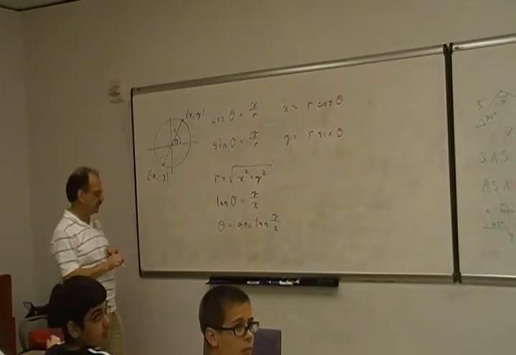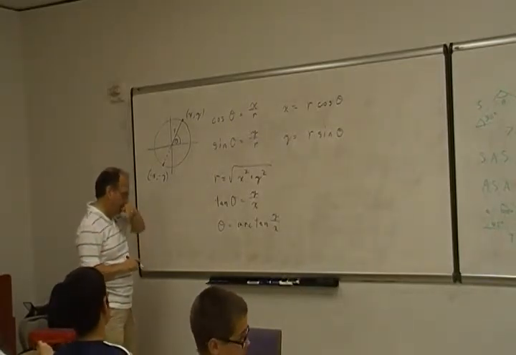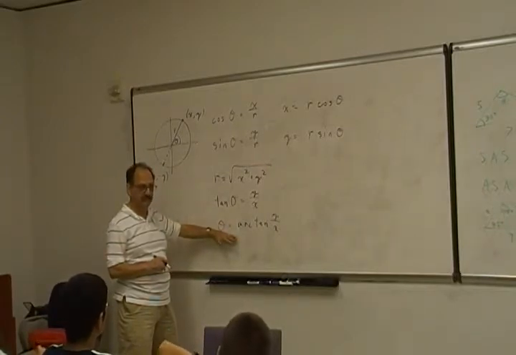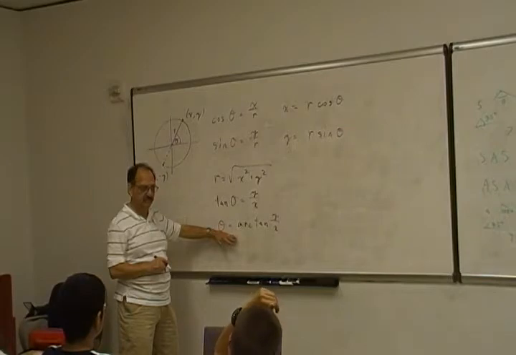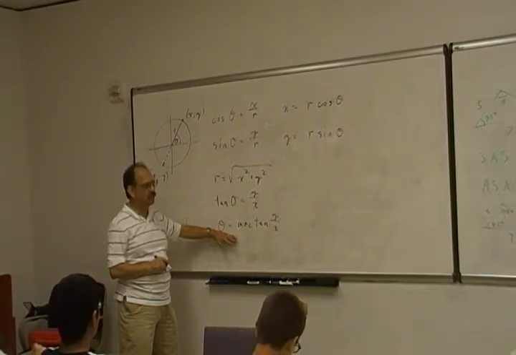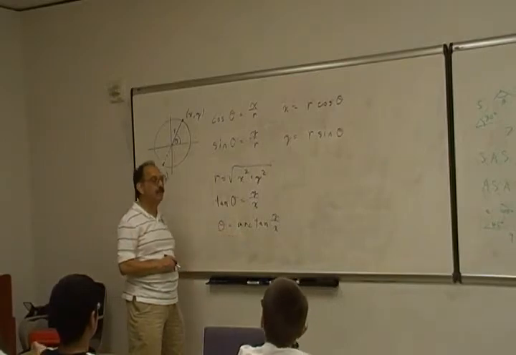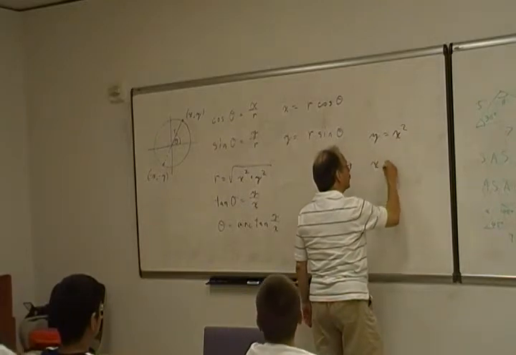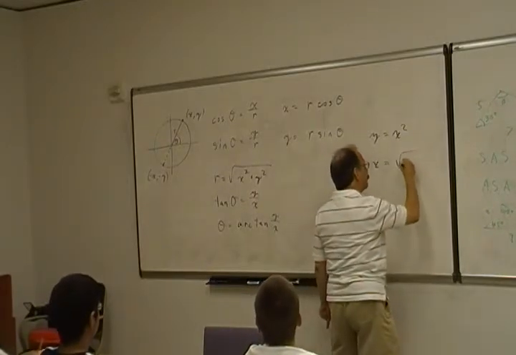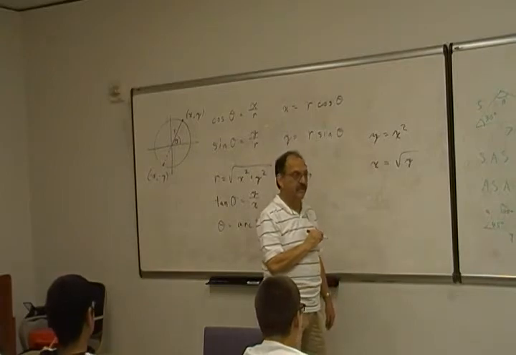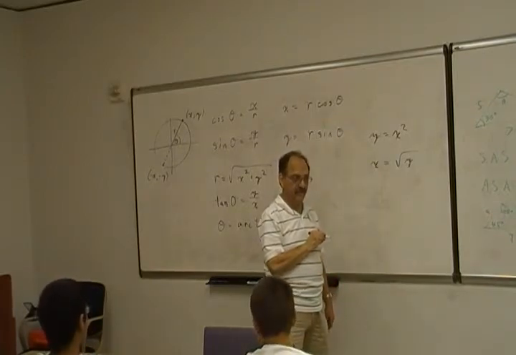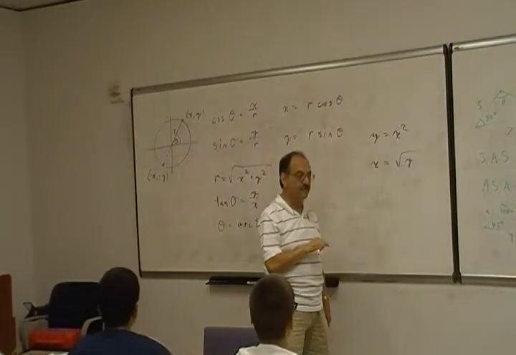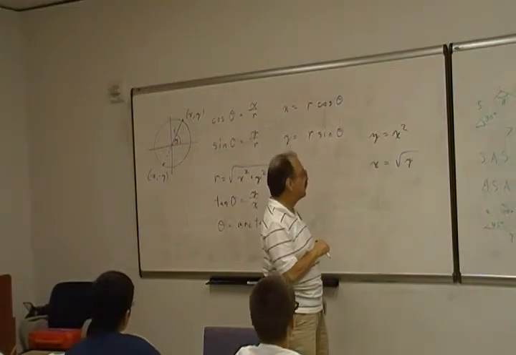Benjamin, you had a question? So what you did with the tangent, going from theta to tangent, is not multiplying, it's doing it backwards. For example, if I say y equals x squared, then x is the square root, the inverse. On a calculator it's marked with an inverse or a minus 1.